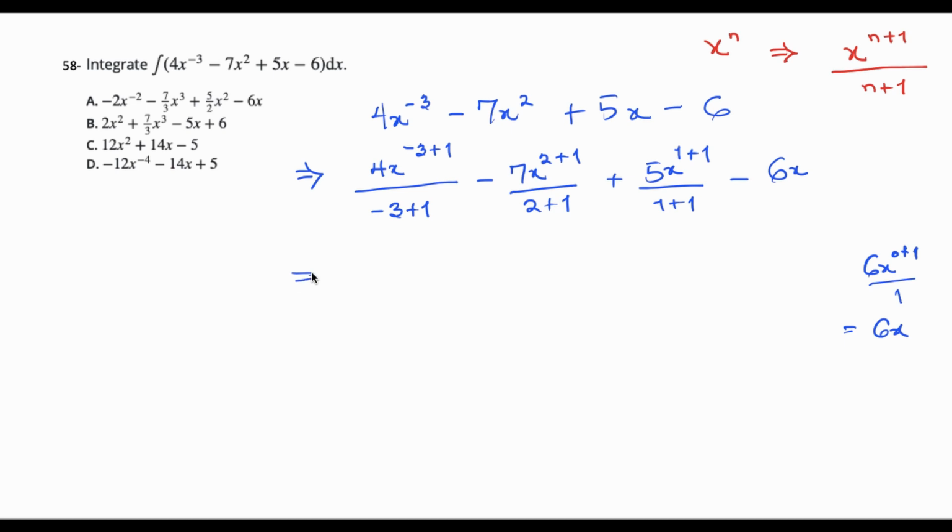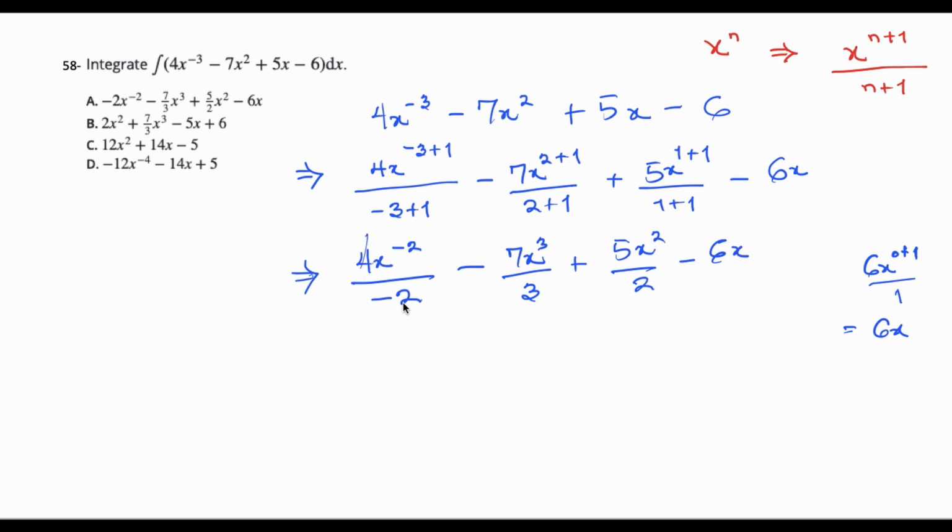So now this is going to be 4x raised to the power minus 3 plus 1, which becomes minus 2, divided by minus 2. 2 plus 1 becomes 3, so this is going to be minus 7x cubed divided by 3. And this is going to be 5x squared divided by 2 minus 6x.